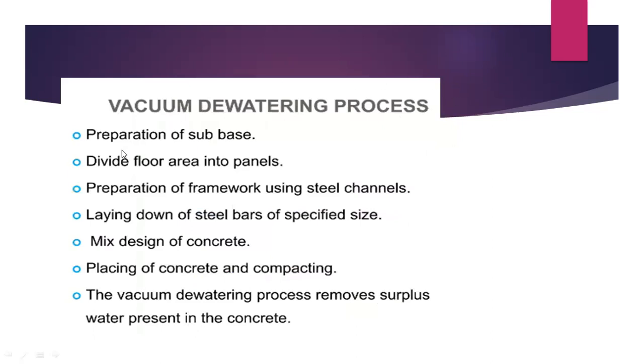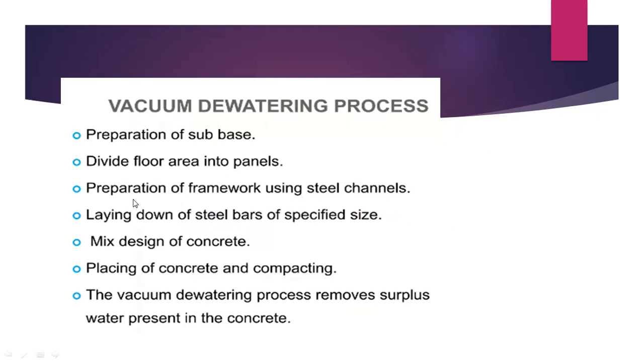The first thing is you prepare your sub base. You clean the surface and remove all the unwanted particles present at floor level. Then you divide the entire floor into panels, so you don't cast the entire floor in one go. We cast panel by panel.